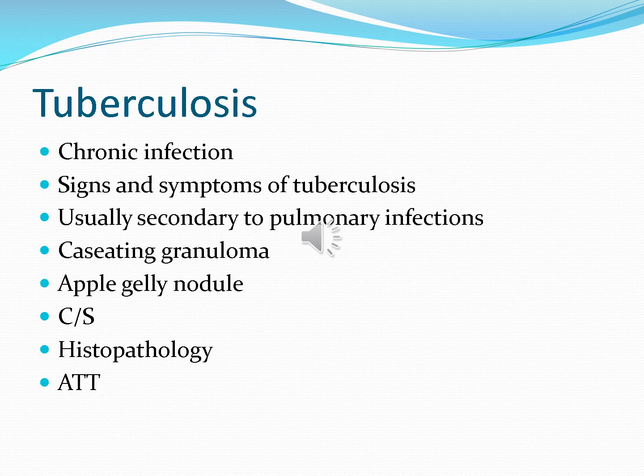Tuberculosis is a very important chronic infection. Tuberculosis in the nose is usually seen as a secondary infection after pulmonary tuberculosis. The difference between tuberculosis and other types of chronic infection is that you will see caseating granulomas in tuberculosis. The patient will present with all the signs and symptoms of tuberculosis.